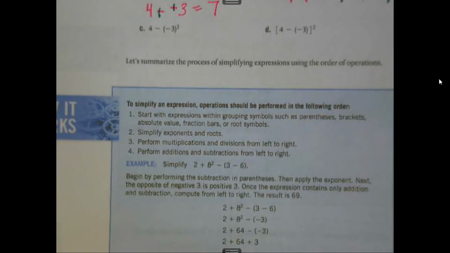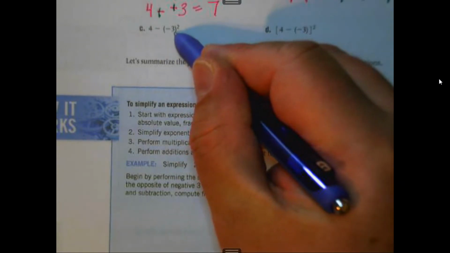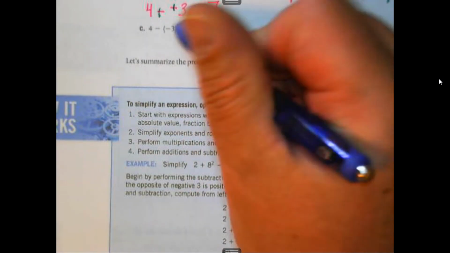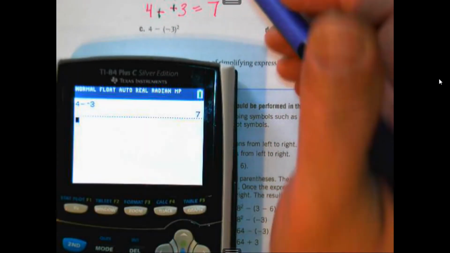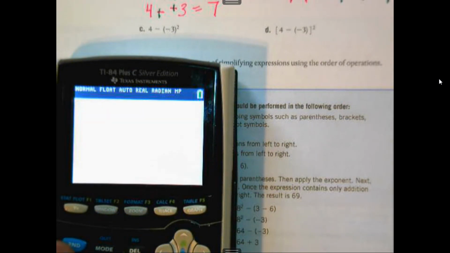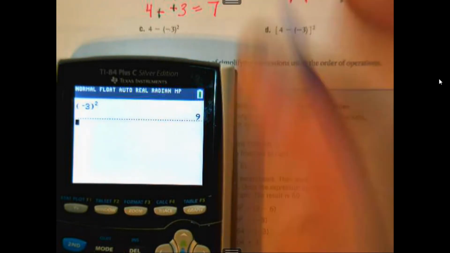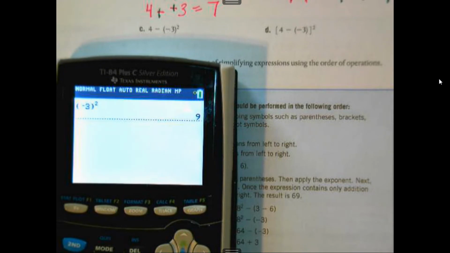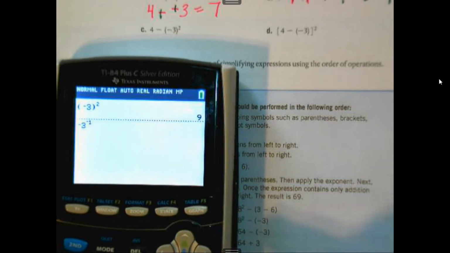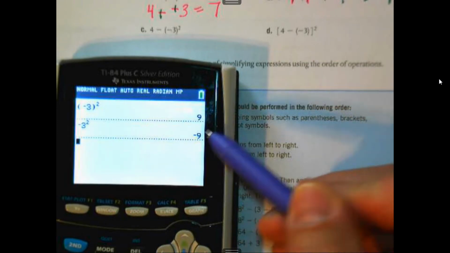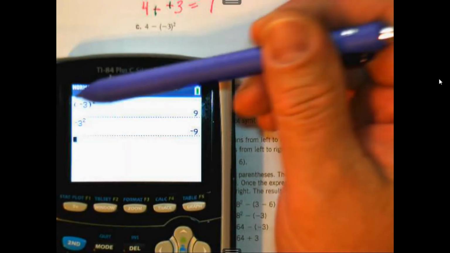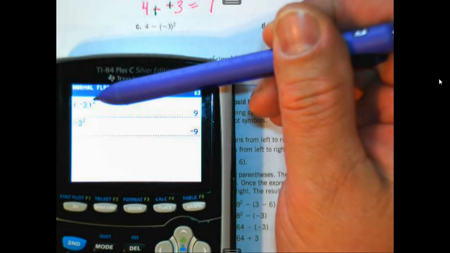C, parentheses, negative 3, nothing I can do there. Exponents, negative 3 squared. Now, if you don't put negative 3 in parentheses and square it, you're going to get a different answer. If I just take negative 3 squared, I get negative 9, because remember, parentheses first, then squared.